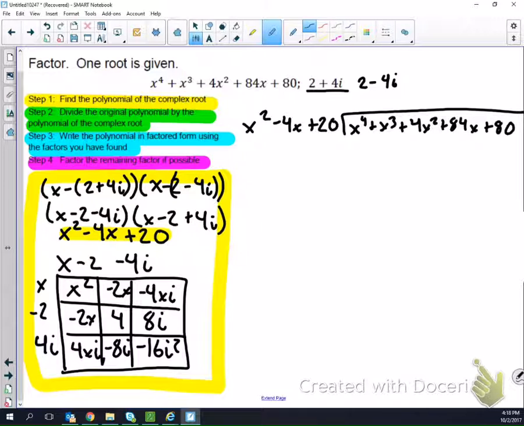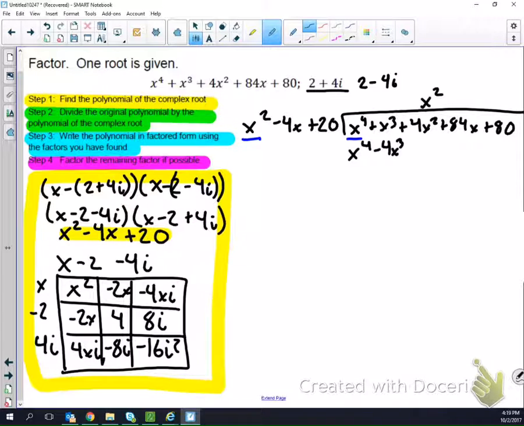That's a fun one. All right, so now we're just going to do this long division. Remember, when you're doing long division, you're focusing in on that leading term. So what times x squared gives me x to the power 4? Well, x squared. Now we multiply it by each of the numbers that we already have.